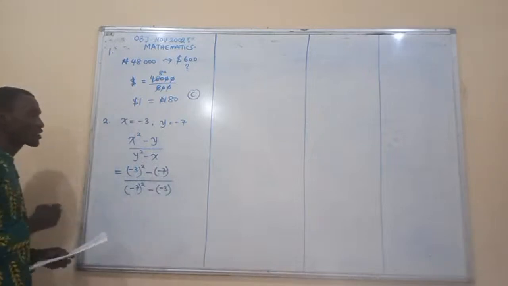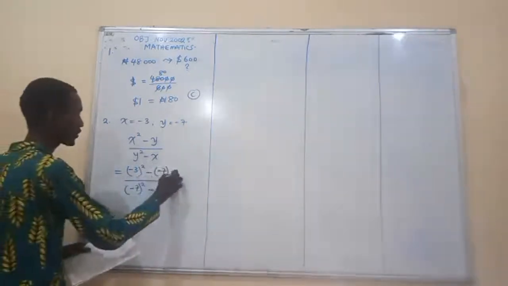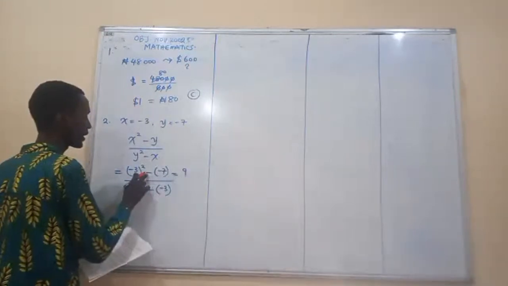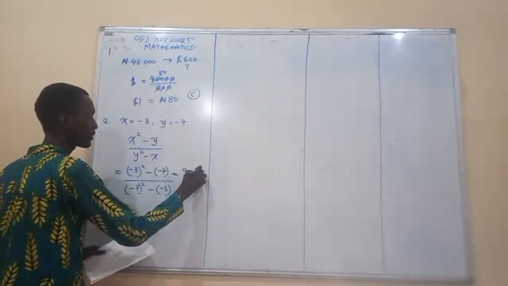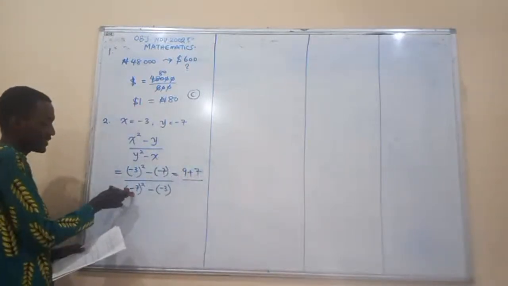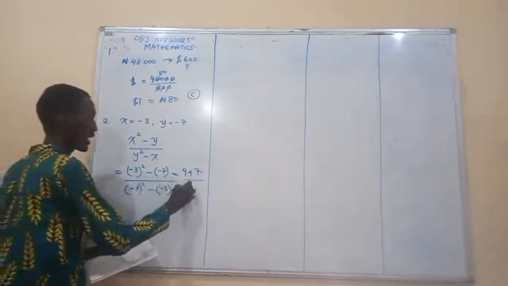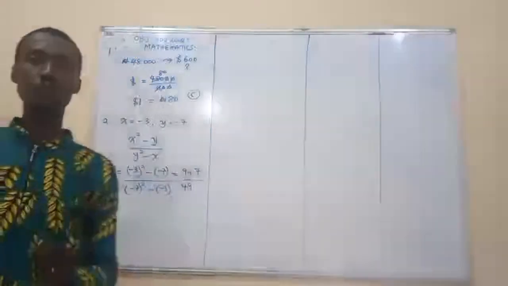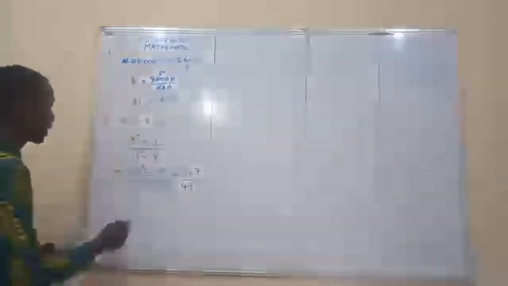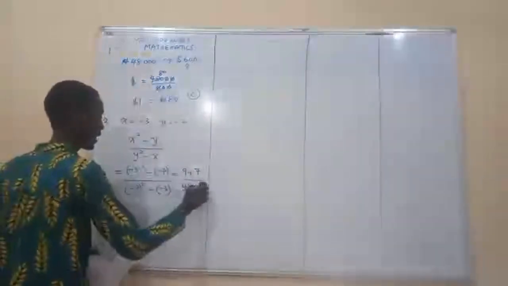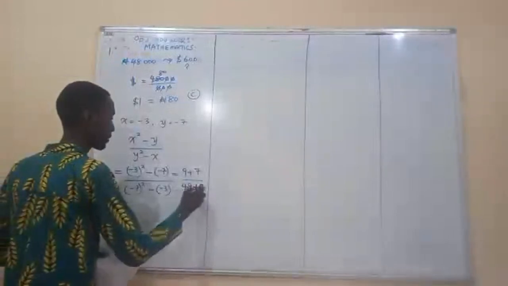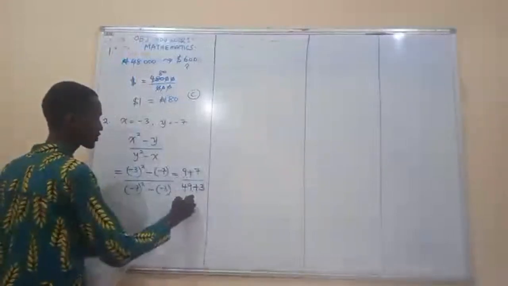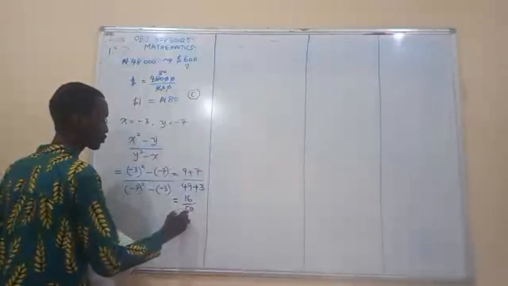In questions like this, don't be in a hurry. This will give you 9 plus 7, divided by 49. Whenever you square a negative number, you will always obtain a positive, and that will be plus 9 plus 3, which gives you 16 divided by 52.